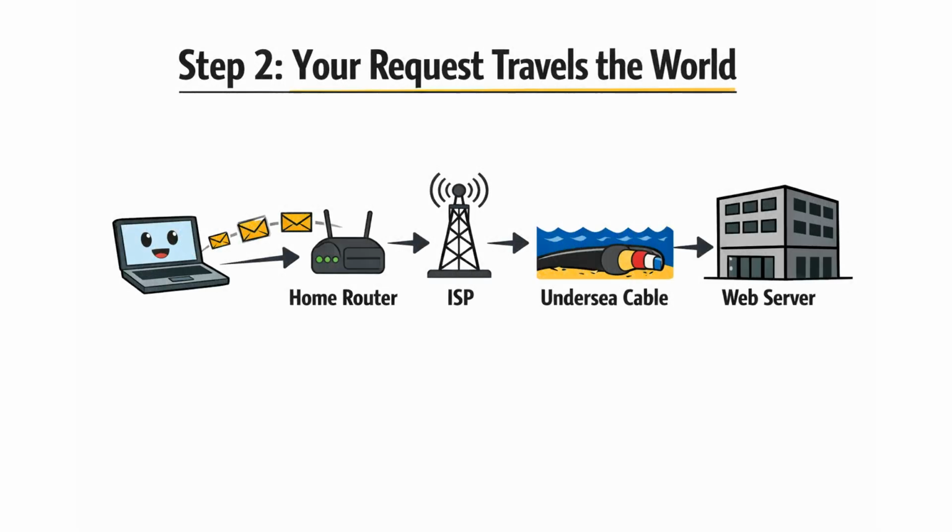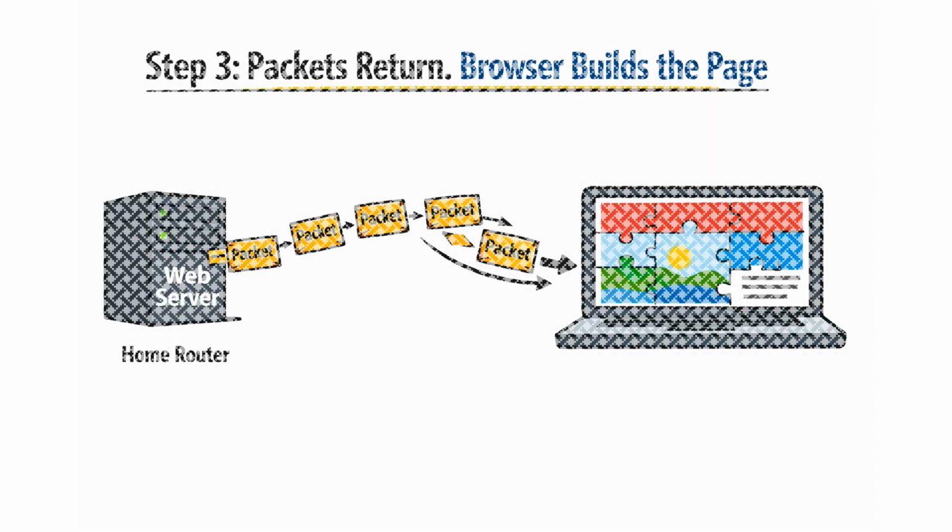Step 2. The request. Your device sends a request to Google's server at that IP address. That request breaks into packets, travels through your router, through your ISP's network, across physical cables, maybe across an ocean, and arrives at Google's data center. Step 3. The response.